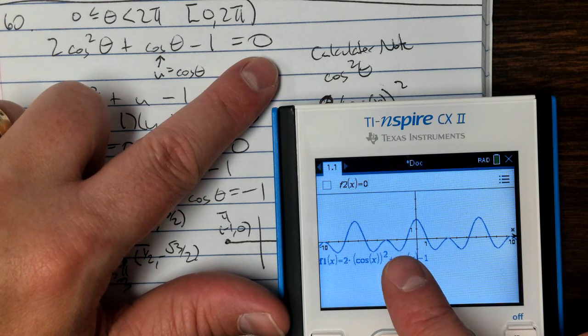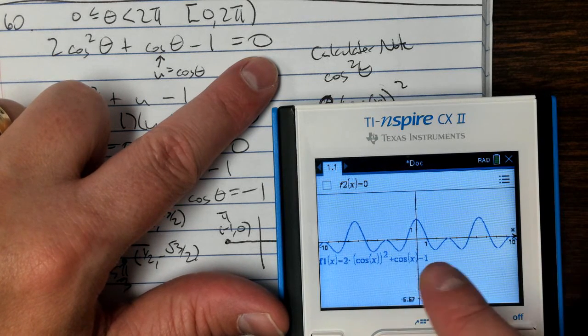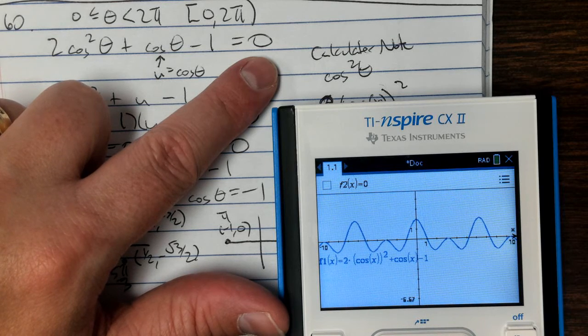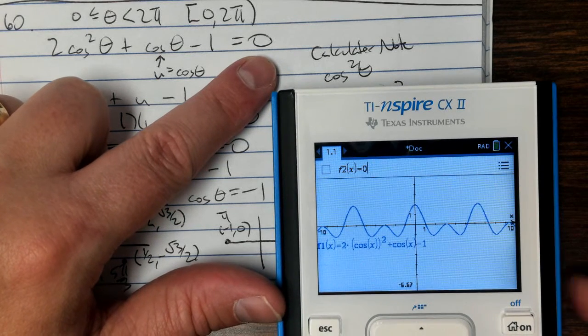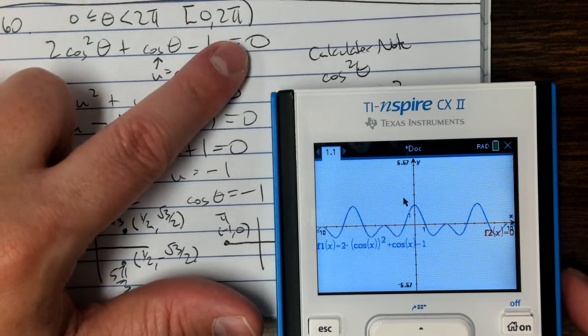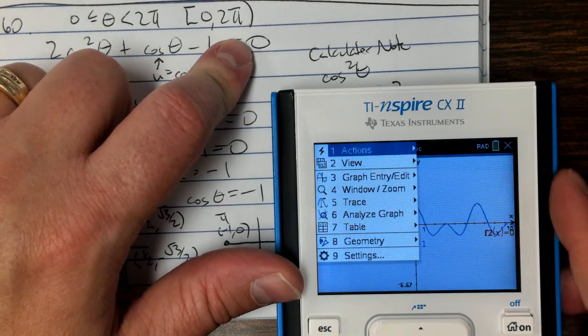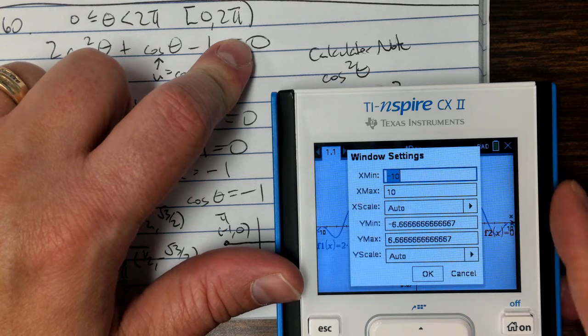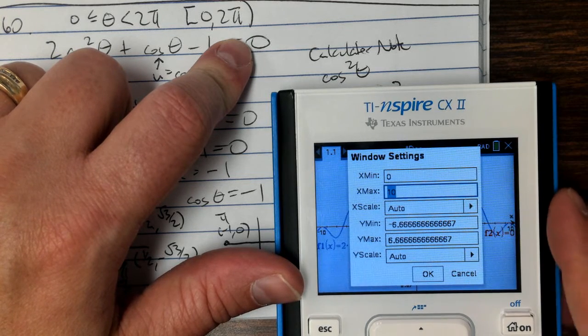Notice it's a little weird on how wavy it is. They're not all the same height because you've got a cosine squared. And what we would want is from 0 to 2 pi, so go to your settings, 0, 2 pi.